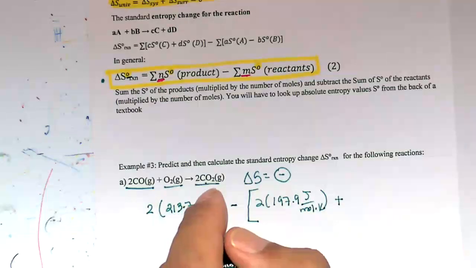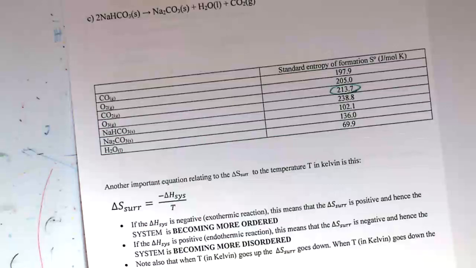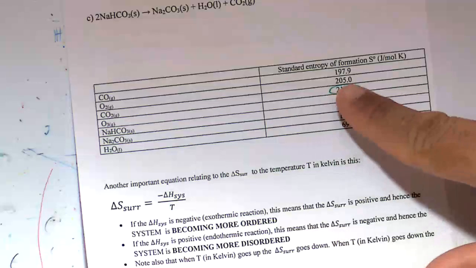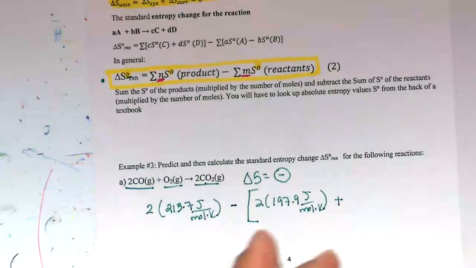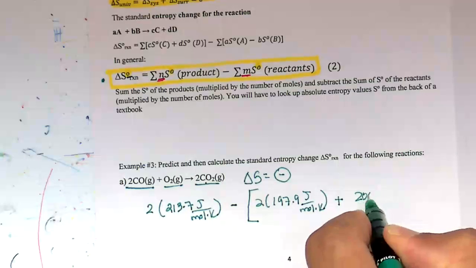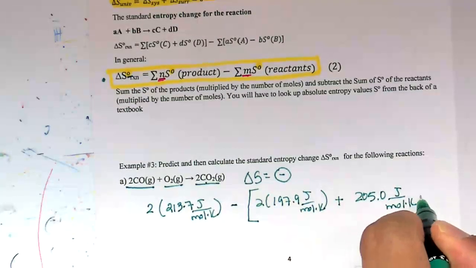And then we have oxygen gas. I'll give you these values. You can look them up in a textbook. Oxygen gas is 205. That's for 1 mole. How many moles do we have? 1.